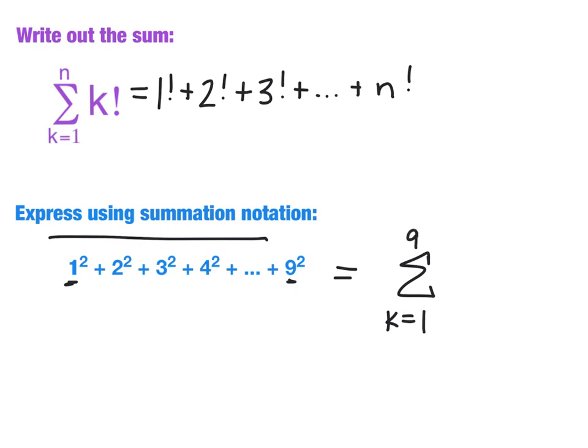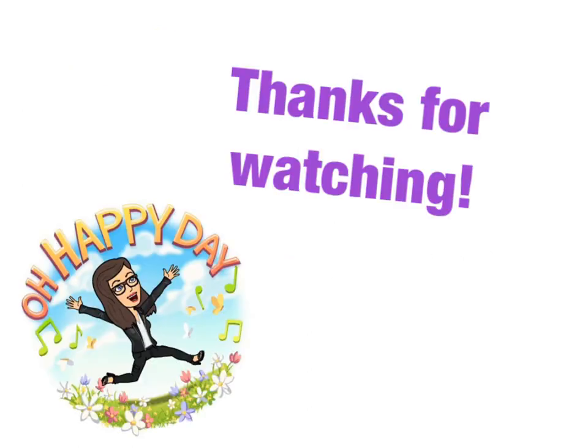So I'm going to put my 9 up here, and then I have to pay attention to the rule that's happening in each of these pieces. So it looks like whatever I input is going to be squared. So that means that I keep the same letter k here, and that is how I write that in summation notation.